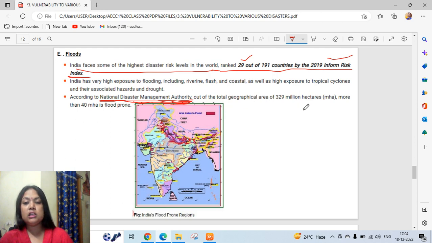Okay, out of the total geographical area of 329 million hectares, more than 40 million hectares is flood prone. Okay, so 329 million hectares is our total geographical area.